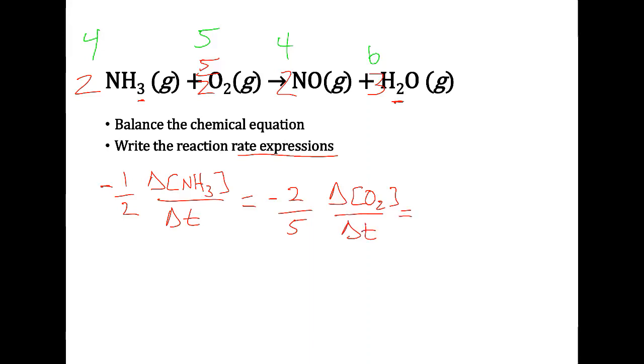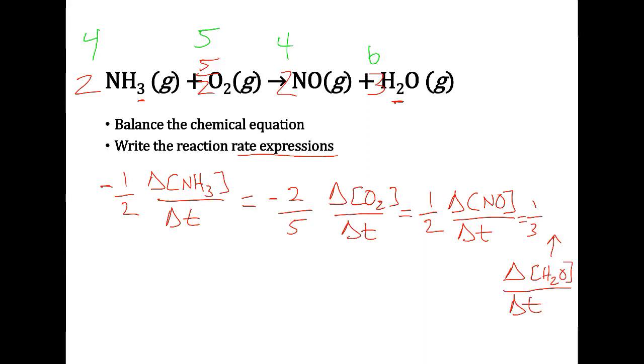Now the product's 1 over 2 times the change in concentration of NO over delta T, which is equal to 1/3 times the change in concentration of water over the change in time. So this is your general rate expression, and you should be able to write this for any chemical reaction.